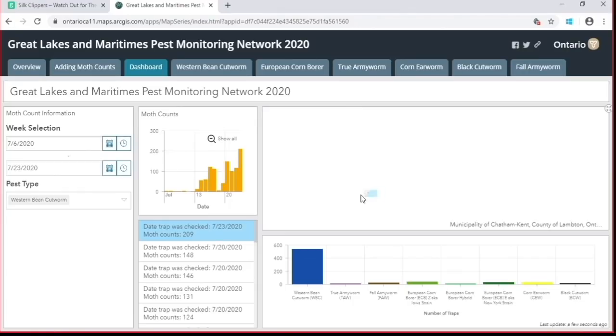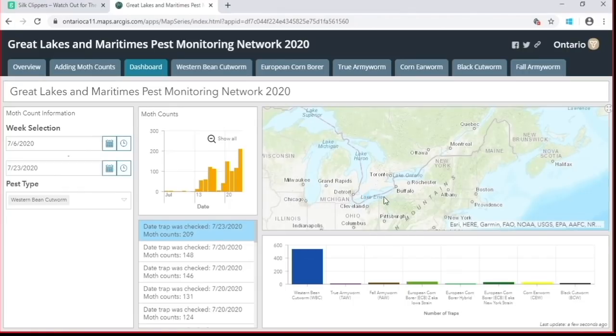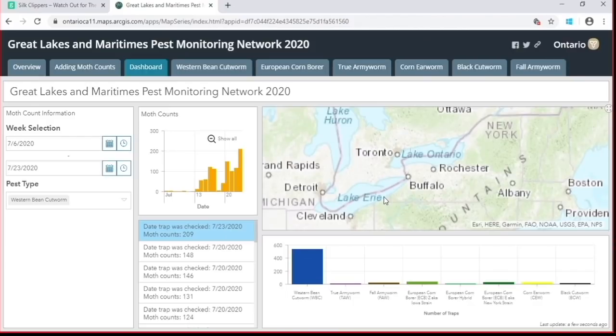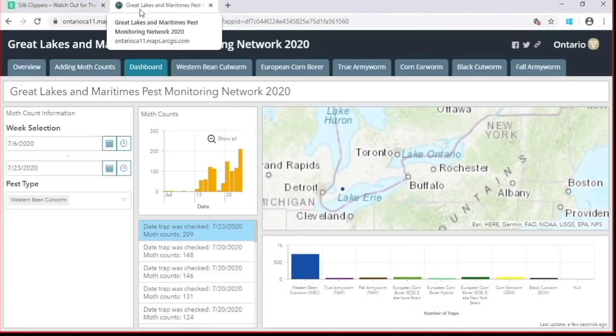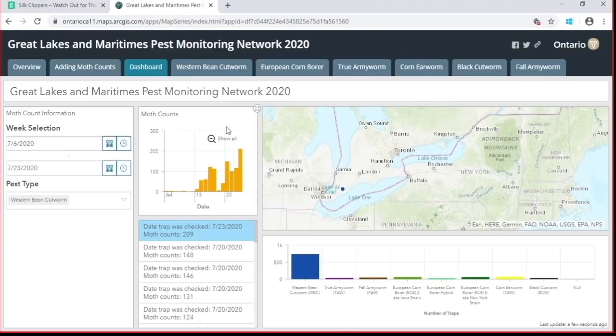So just a quick snapshot of the info that you can get on the dashboard, but I also hope to download the data later today and show you how it compares to last year. In particular, we've got a lot more moths coming in now, finally. It's about the same as last year. But I do want to talk about the growth stage of the crop next.